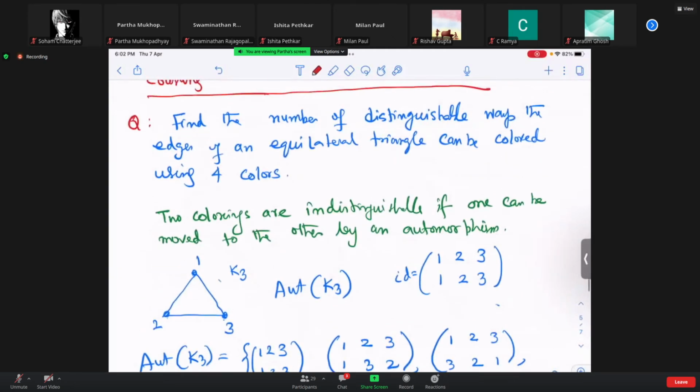The notion of indistinguishable is that they are equivalent up to an automorphism. That means you can move from one to the other by an automorphism. Right? That means all the colorings that are sitting inside an orbit are indistinguishable. So they should contribute 1, because you don't overcount them. So basically, this question asks you to count the number of orbits. Okay, sir. Now I get it.